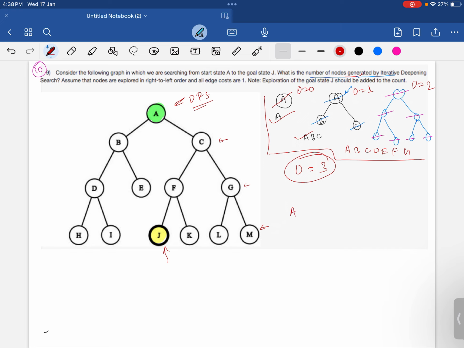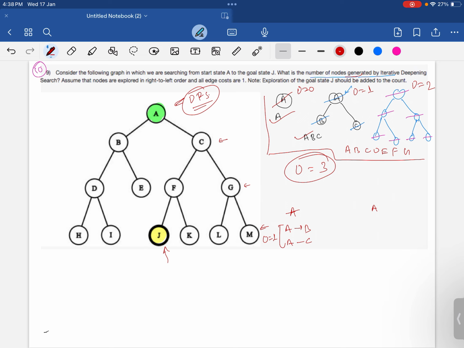Now I will again start from A, because at each depth we start from the start node. I am at node A, and I am doing the DFS, so I will go depth by depth. The successors of A are A to B and A to C, at depth 1.